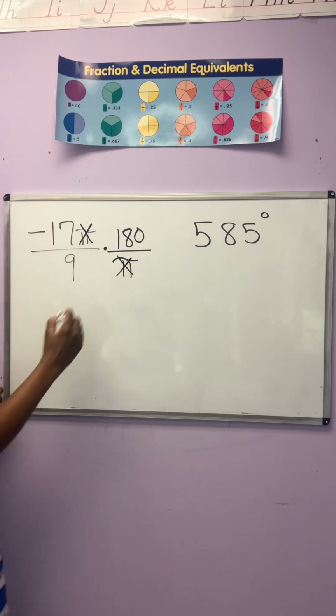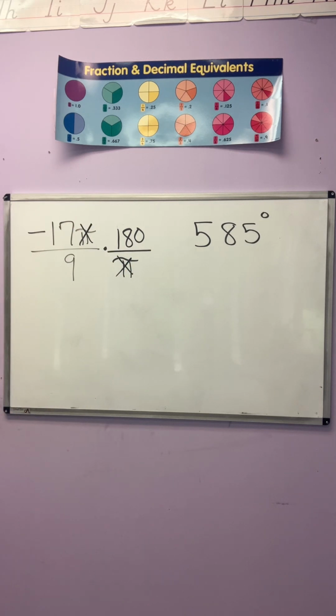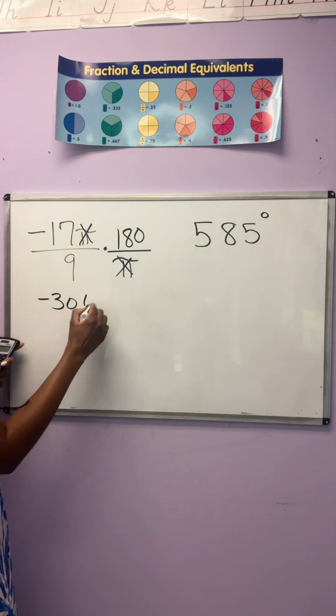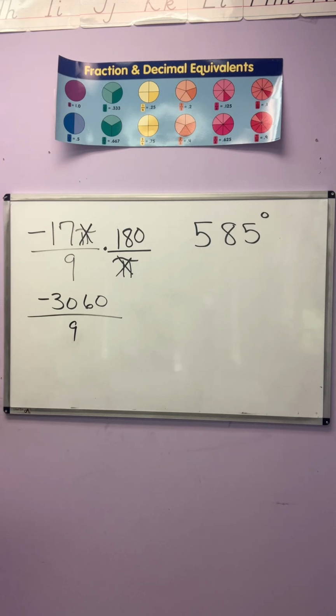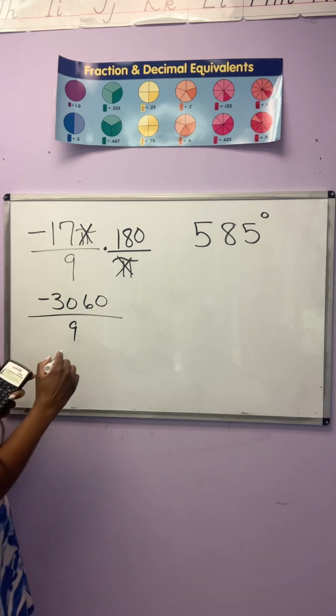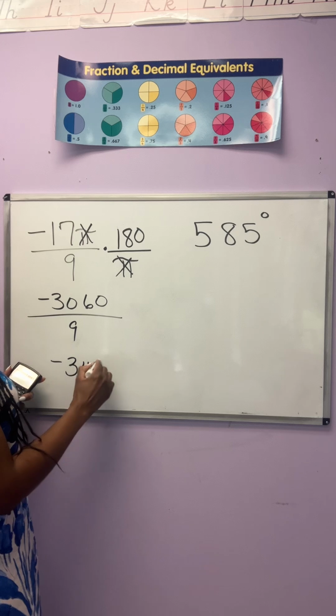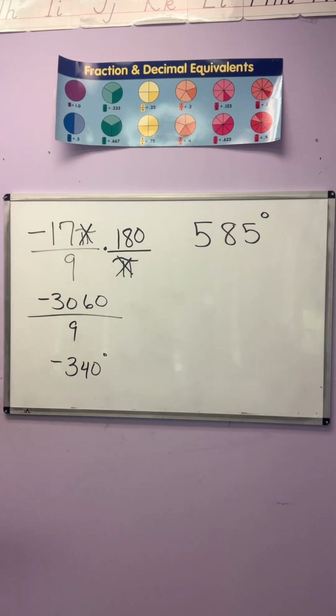So the pi's cancel. So then we can just multiply negative 17 times 180. And that's negative 3060 over 9. And now we can divide by 9. And that's negative 340. So this one is negative 340 degrees.